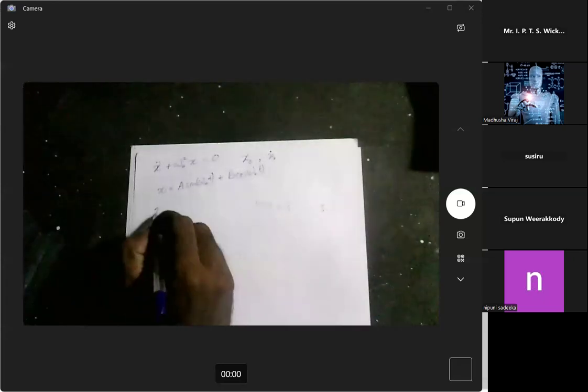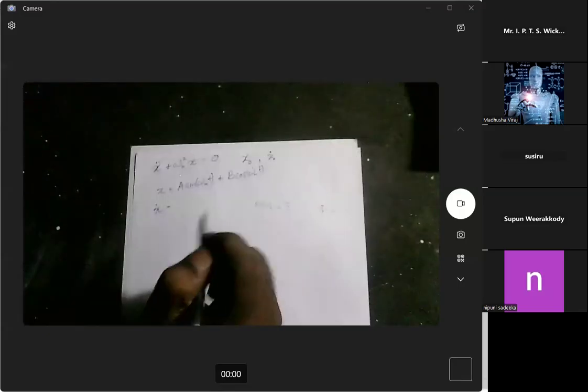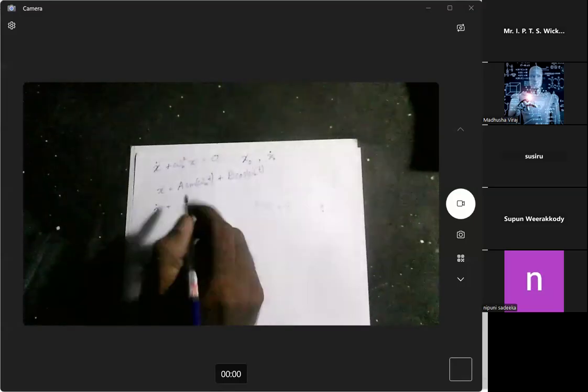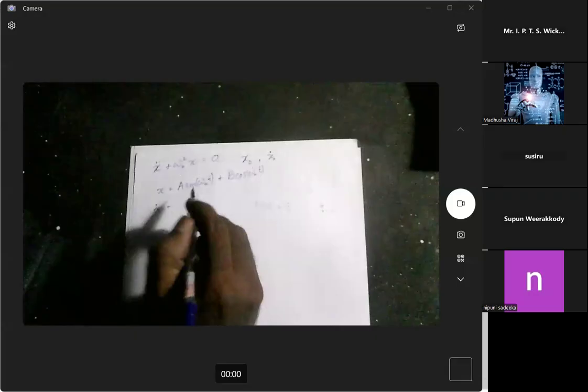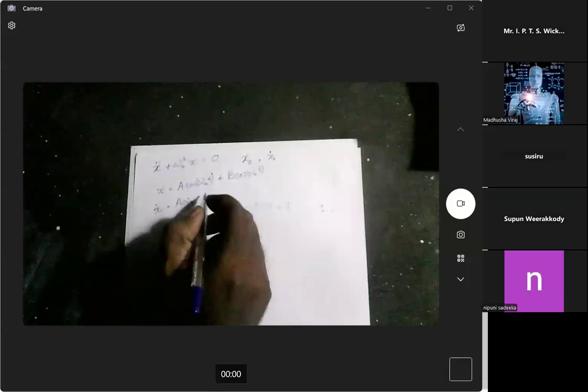Then this is the given solution, right? So we can find the velocity x dot. What we have to do is differentiate this solution one time. So we have A omega n, and the differentiation of sine is what?